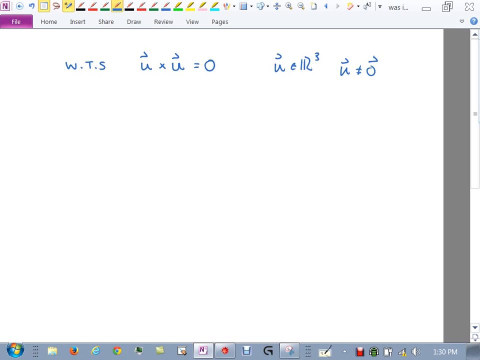So what I'm going to do is call U, U1, U2, U3. That's a general vector. And now I'm going to cross it with itself. Did y'all like the determinant one, the shorter one? So I'm going to take I, J, K. I'm going to write down the components, U1, U2, U3, and U1, U2, U3 again, because it's the same vector.